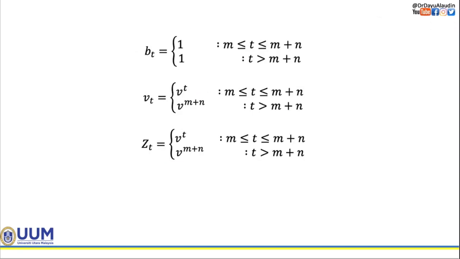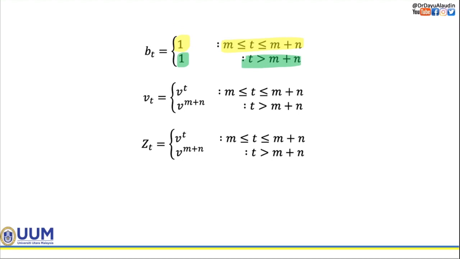So the benefit function is 1 ringgit if death happens between M and M plus N, and 1 ringgit if he still survives after M plus N years.